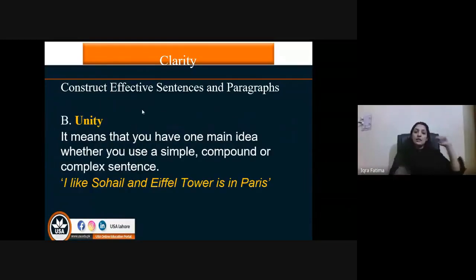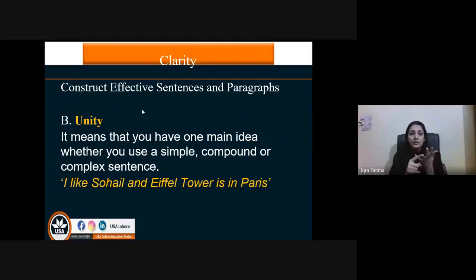The second one is unity. As the name suggests, unity means there should be one main idea. If you are writing something to communicate, there should be one main idea within your sentence and even in your paragraph. We are talking about sentences and paragraphs.